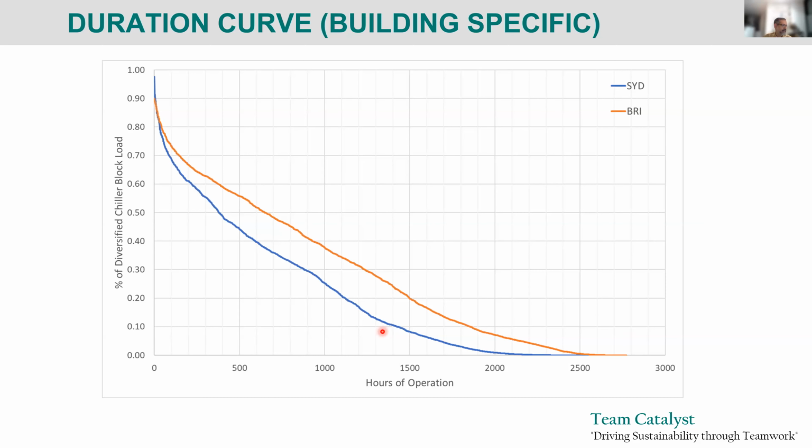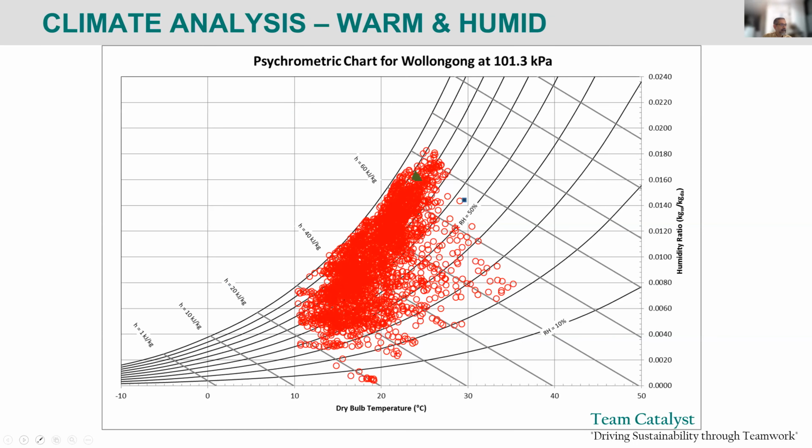That's quite crazy. The last thing we did was look at the weather. So here's my weather file. Here's my design conditions. This is my dry bulb priority design condition. This is my wet bulb priority design condition. And what it tells me is that in Wollongong, I rarely have high temperatures, more than 30 degrees centigrade, you can see.